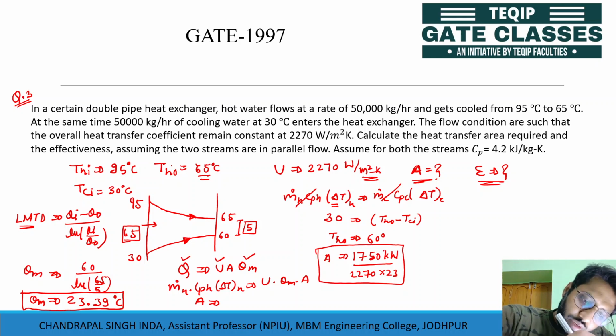As this term is given in kilowatt, we have to multiply this by 10 to the power 3. The area will be equal to 33.51 meter square.